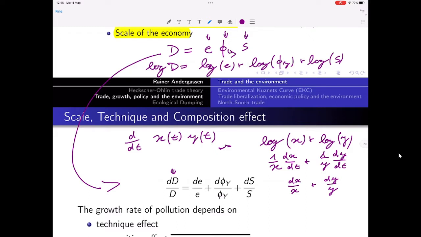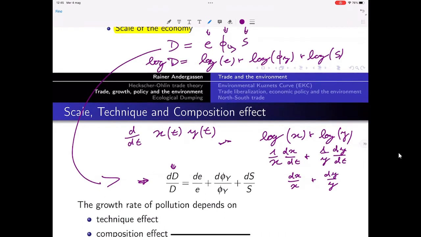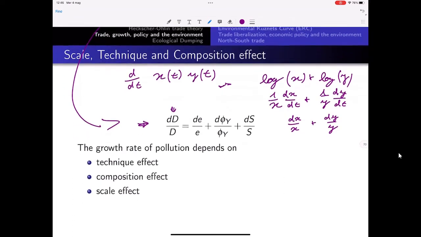So it's 1 over E times the time derivative of E, plus 1 over phi times the time derivative of phi, plus 1 over S times the time derivative of S. And that's how you get this expression here. Is it clear? It's just a refresher, nothing special.